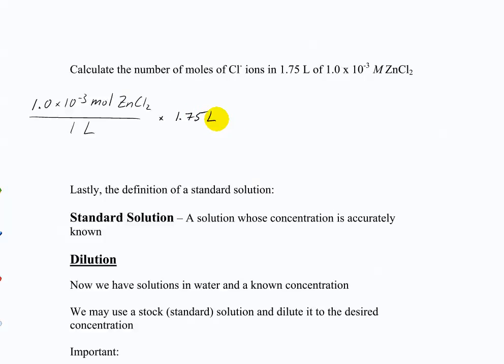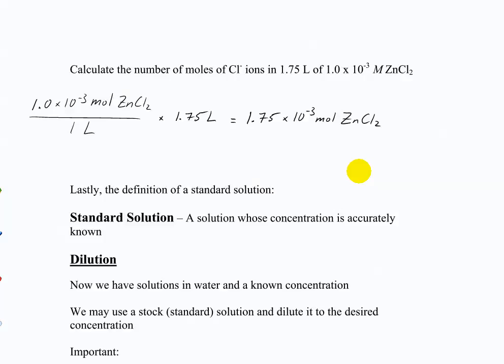Liters cancel, and we're left with just moles. So that's how many moles of zinc chloride we have in that 1.75 liters of solution.